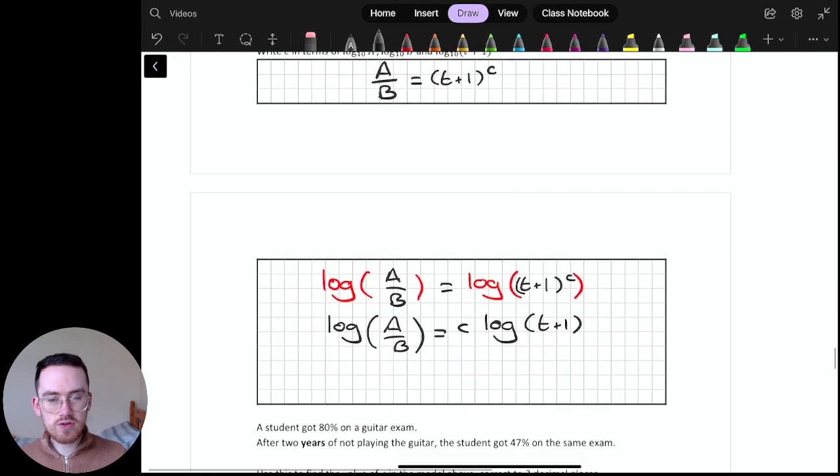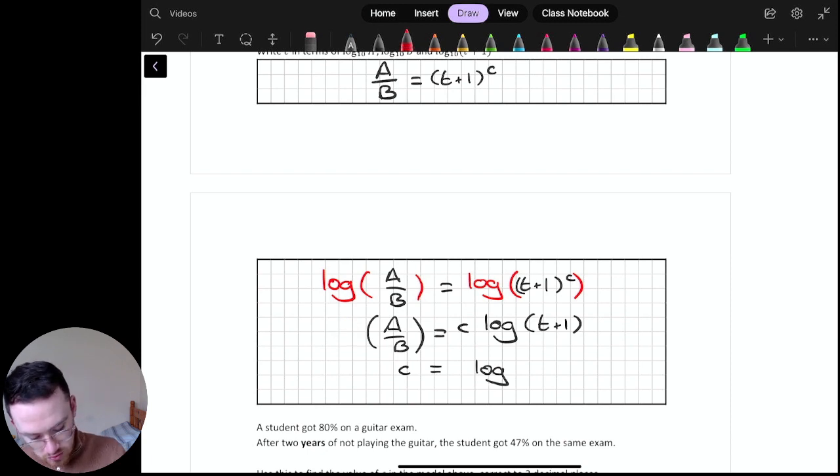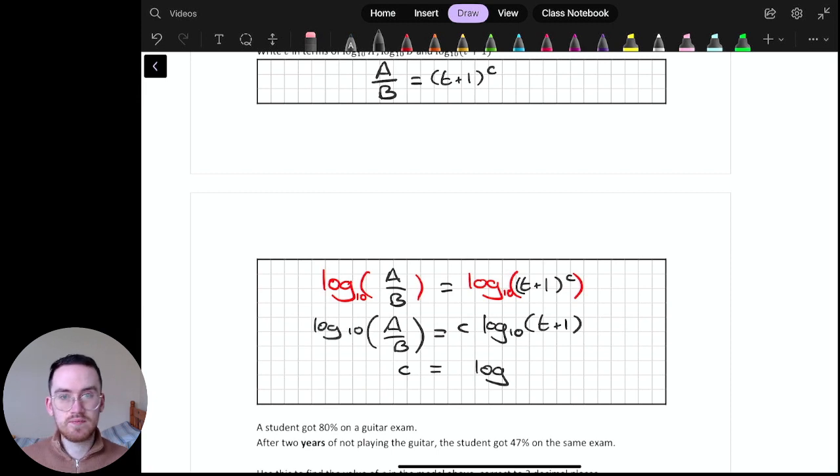Okay, again, remember we're trying to get C. We're trying to write everything in terms of C. So I'll have log, and just to make sure we're definitely following the question, we'll use log 10. Even though we know that log without any base number written is the same as log base 10, we'll just keep it the same since the question has specified log to the base 10. Okay, so just keeping it as same as possible.